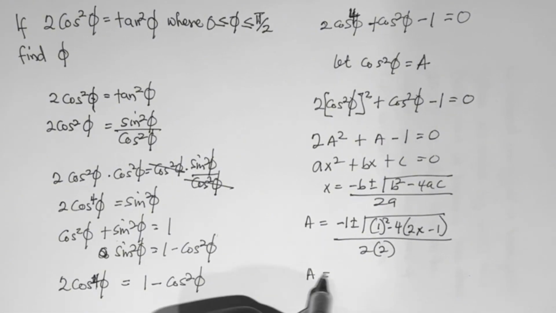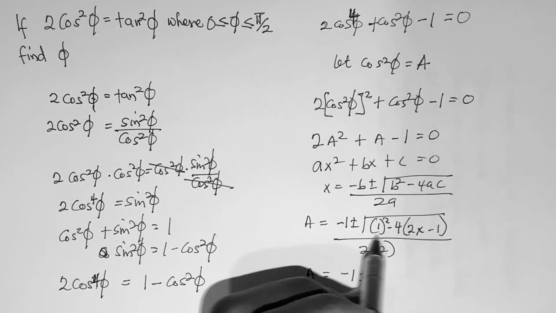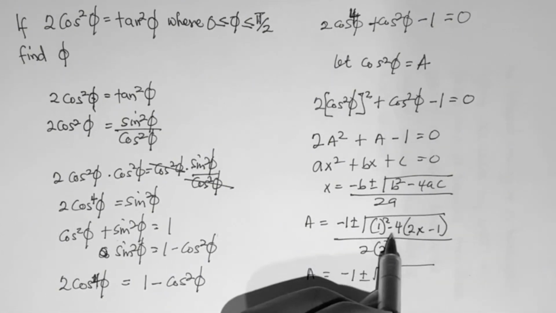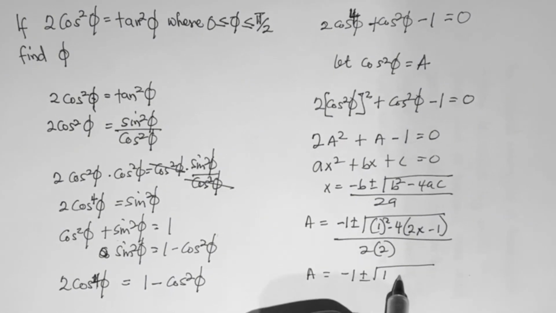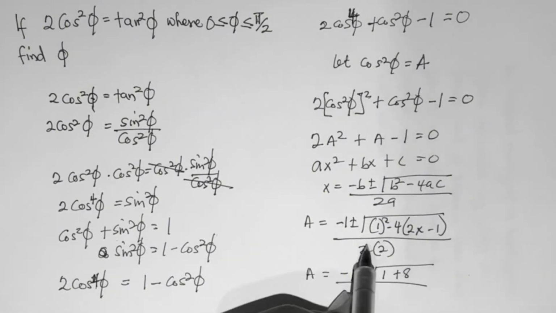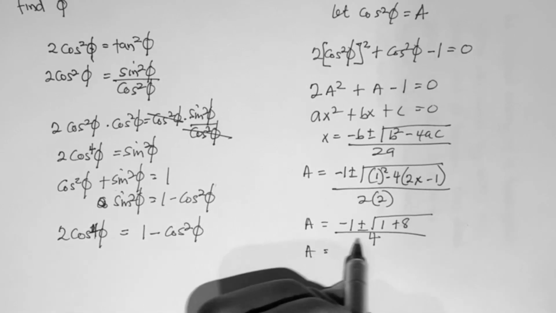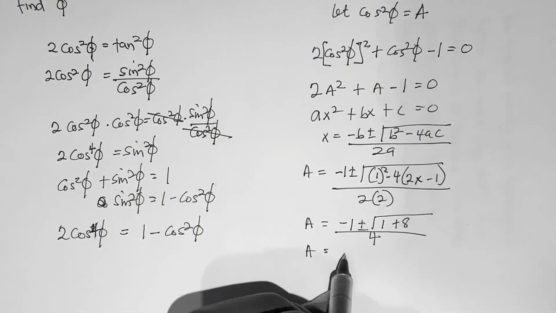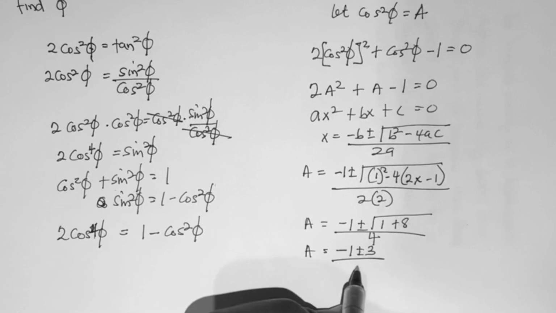So a is equal to minus 1 plus or minus the square root of 1 minus 8 times minus 1, which becomes plus 8, divided by 4. So a is equal to, now 1 plus 8 is 9, root 9 is 3, so it becomes minus 1 plus or minus 3 divided by 4.